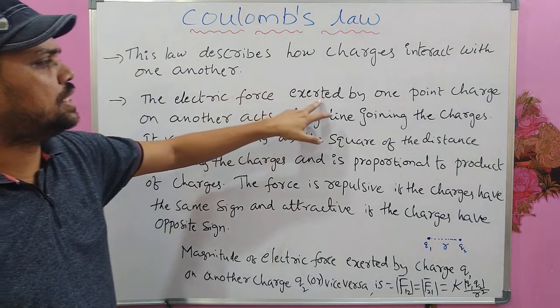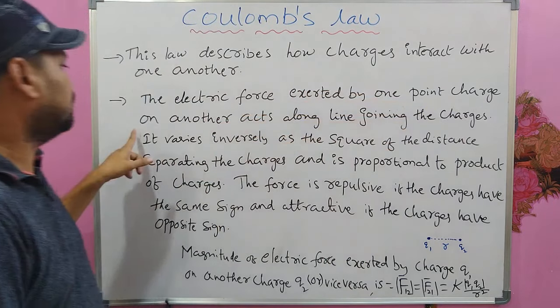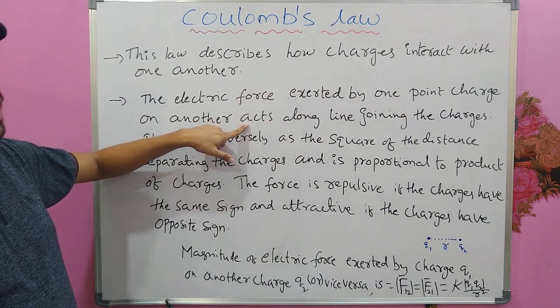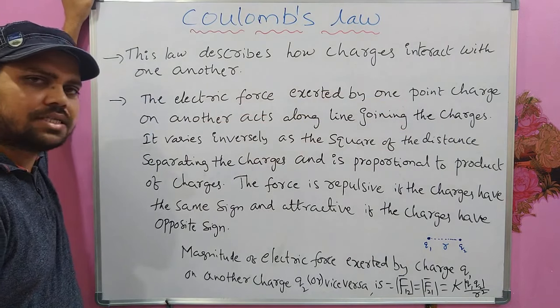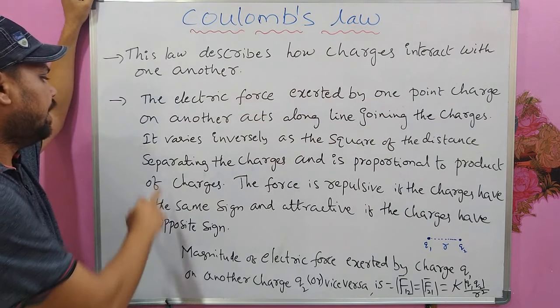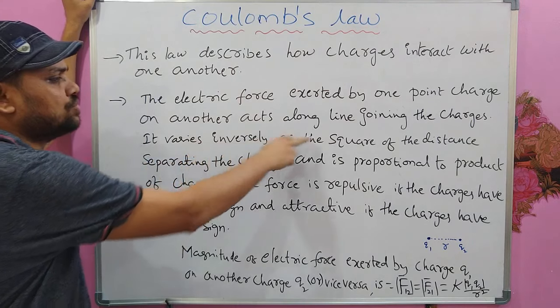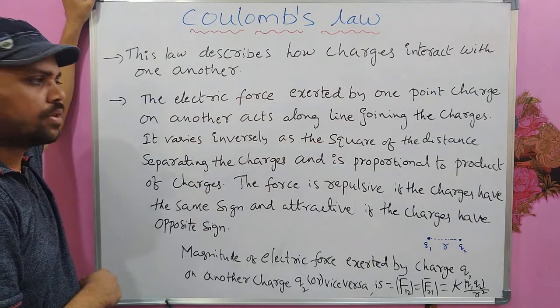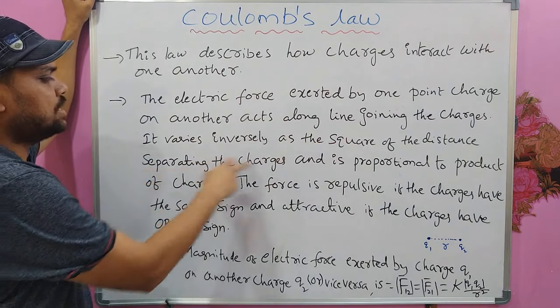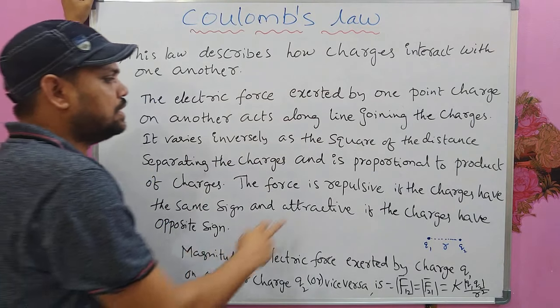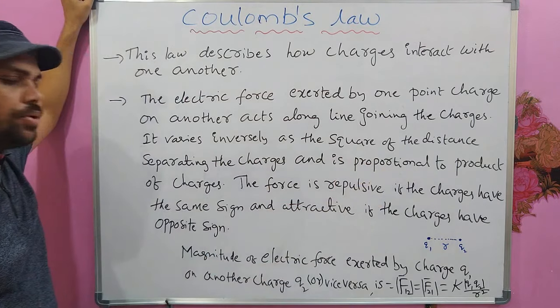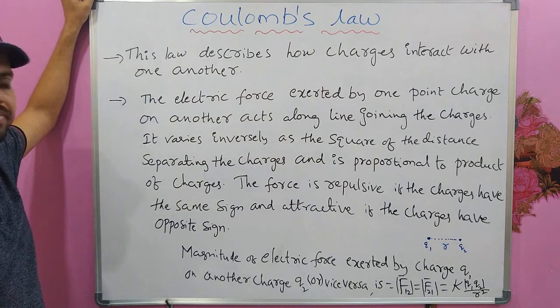The electric force exerted by one point charge on another acts along the line joining the charges. It varies inversely as the square of the distance separating the charges and is proportional to the product of the charges.